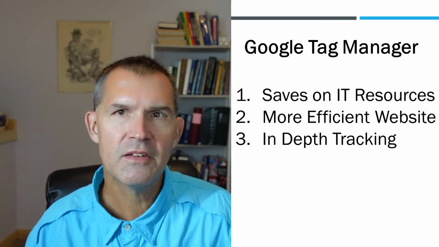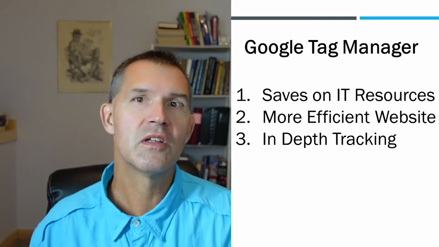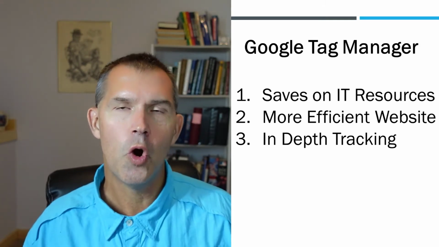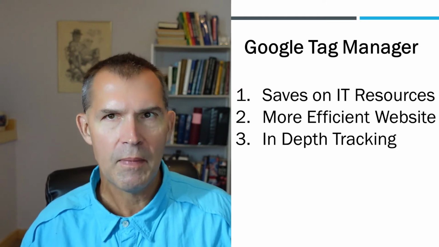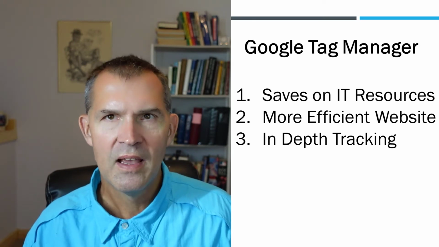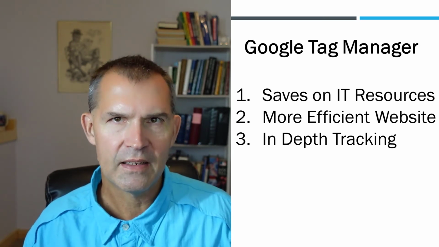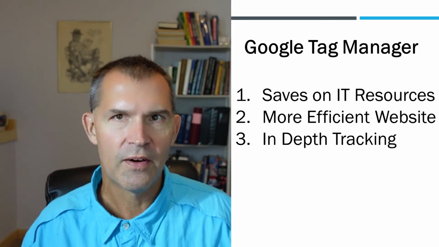Implementing Google Tag Manager is pretty simple. Overall, you just search for Google Tag Manager and open up an account. You do have to have a Google email address. Then you connect your AdWords and your Google Analytics to Google Tag Manager, and you just start the process. It's very flexible.